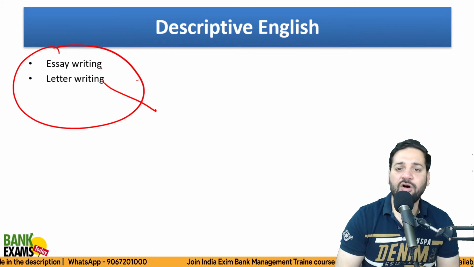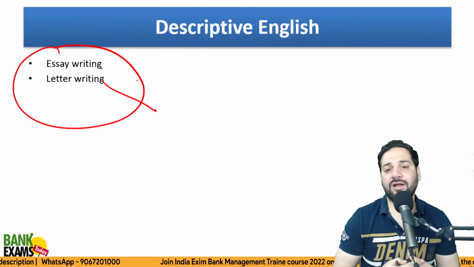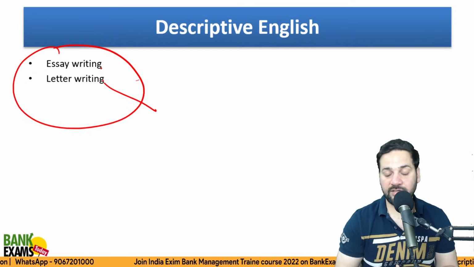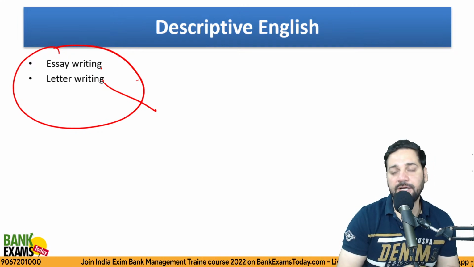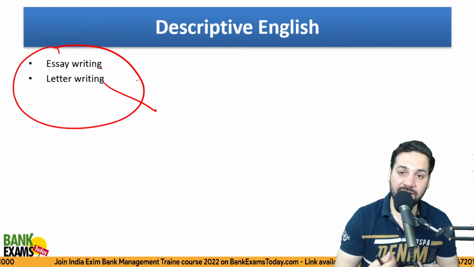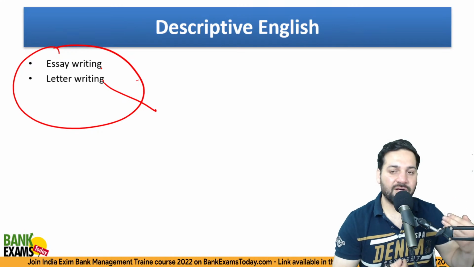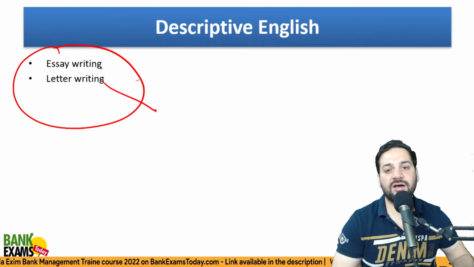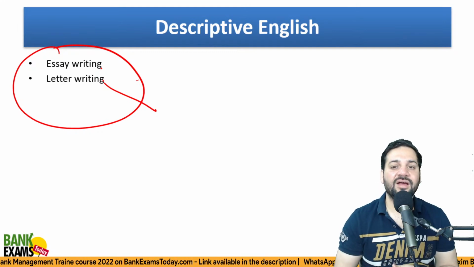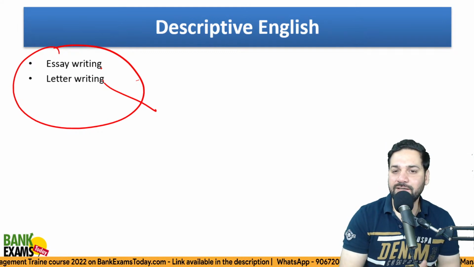There is a proper format, how you should write it, what kind of words you should use. Following the format is very, very important. Even in essay writing, format is important. There is the introduction, how to write the introduction or how to paraphrase, and then there are body paragraphs and the conclusion. It's very important to write it that way.